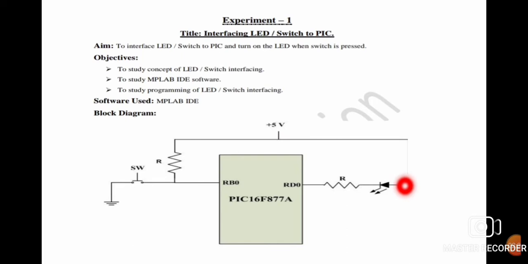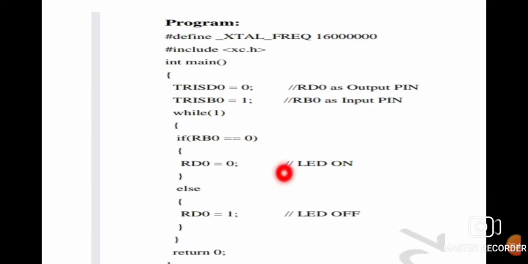That means the LED is connected to logic 1. When we assign 0 from RD0 to this LED, then light is emitted. Hence, when switch status is 0, that means when D0 assigns 0 to LED, LED is on. Else, if D0 is 1, LED is off.